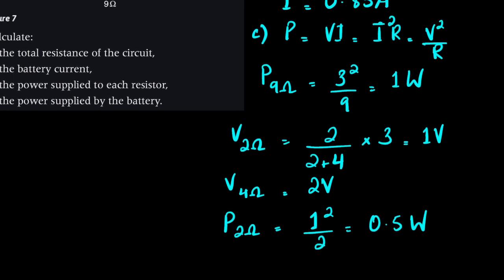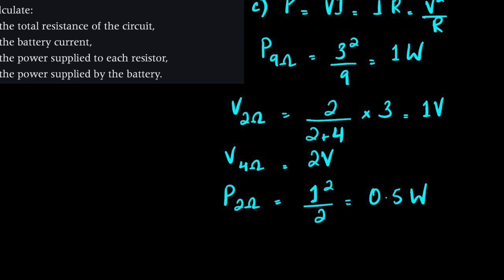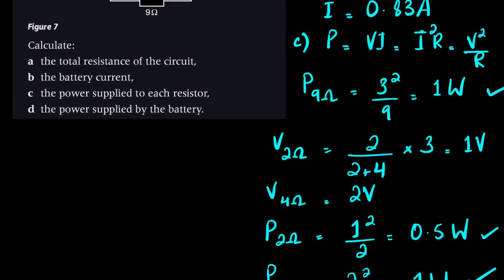And then for the 4 ohm resistor, it would be V squared upon R again. So voltage is 2 and the resistance is 4 this time. So this would be 1 watt as well. So these are the answers for our powers supplied to each resistor.